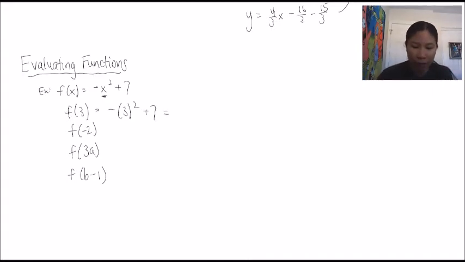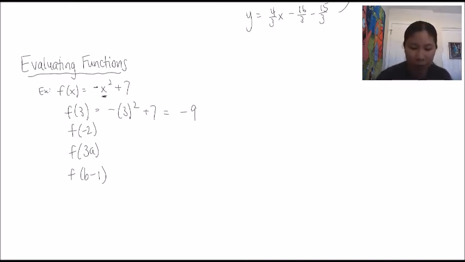One thing people always forget in these types of equations is PEMDAS. When we're dealing with negative 3 squared, we do exponents first, because PEMDAS is parentheses, exponents, multiply, divide, and so on. So we square the 3, which is 9, and then multiply by the negative in front.